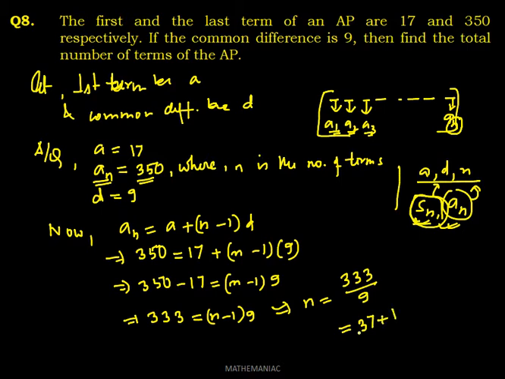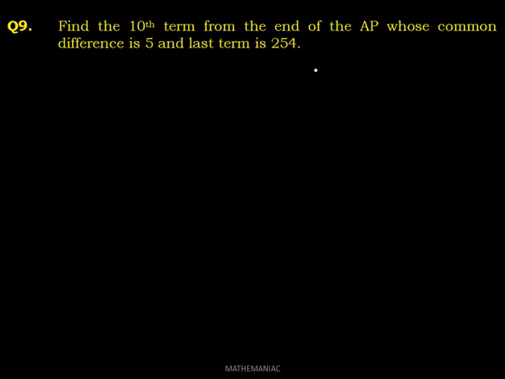Then there will be a plus 1. Why plus 1? Because this minus 1 will go to the right side. So how many terms did you have ultimately? It is 38 terms. So there are 38 terms in this given AP whose first term is 17 and the last term is 350. Okay, I hope it is not a difficult problem but important.